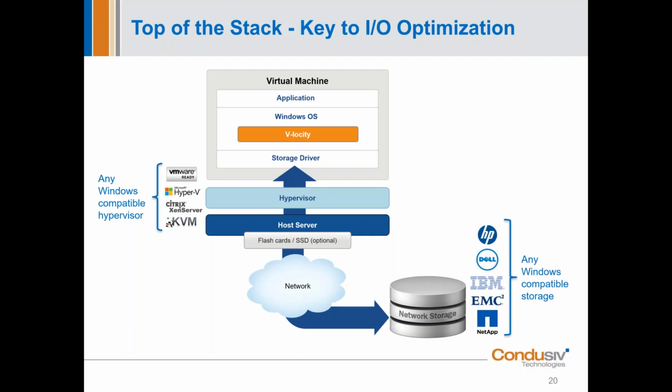It could be a tiered SAN, it could be direct attached disks in the physical ESXi host. It really doesn't matter, as long as the storage and the hypervisor is compatible with the Windows operating system that you're running above it, which of course it will be compatible with our software. So Nigel, I hope that answers that.